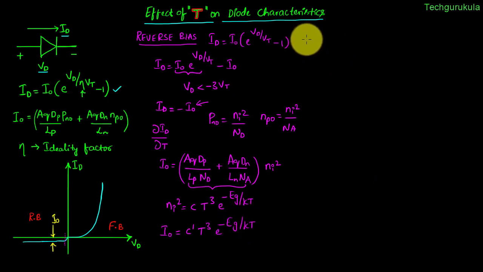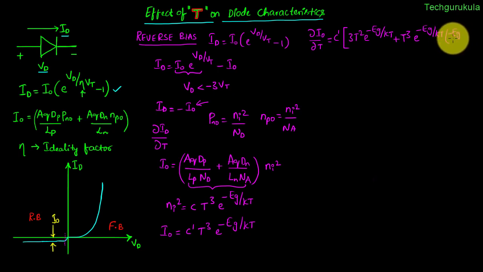Now differentiating this I0 with respect to temperature, we can write del I0 over del T is equal to C prime times 3T square times e power minus Eg over kT, plus T cube times the differentiation of the exponential, which would be e power minus Eg over kT times minus Eg over k times the differentiation of 1 over T, which would be minus 1 over T square.